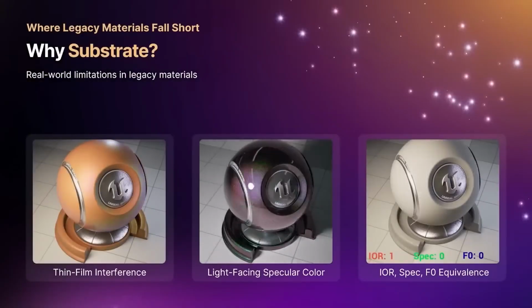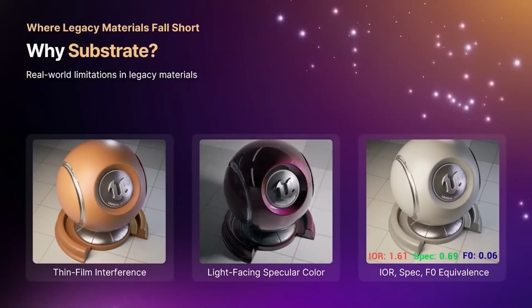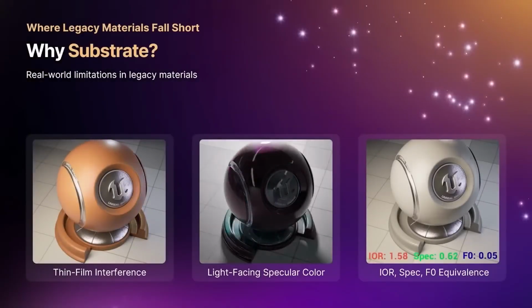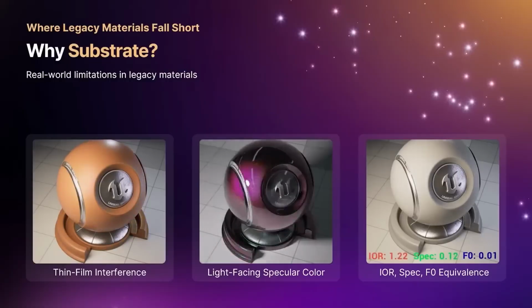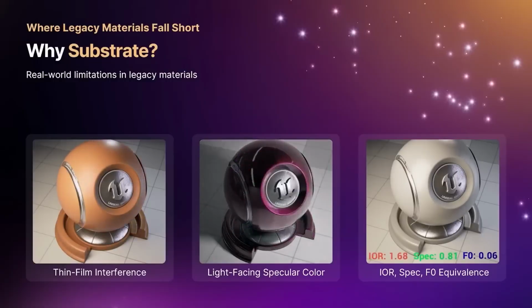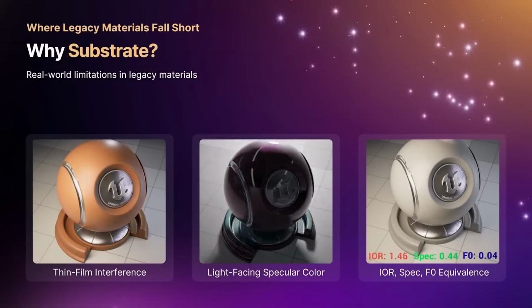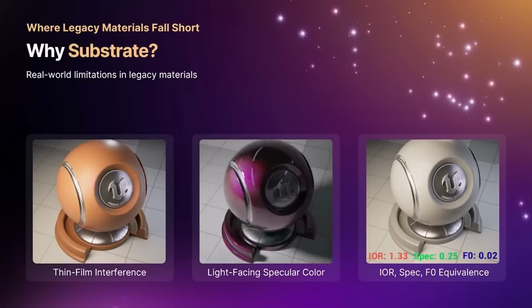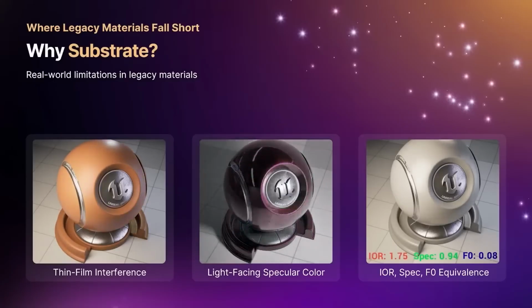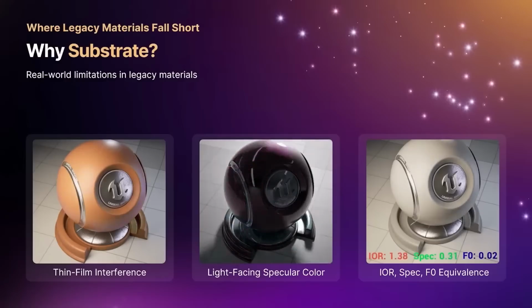Another common pain point is chromatic specular on dielectrics. Examples of this would be thin film interference or some other form of structural coloration. In the legacy system, non-metallic surfaces can't produce colored specular highlights without hacks.